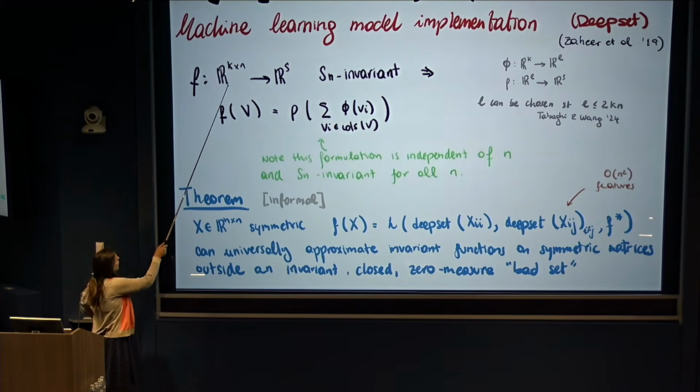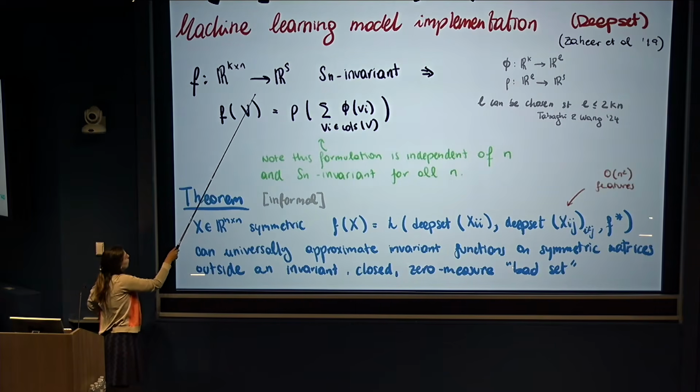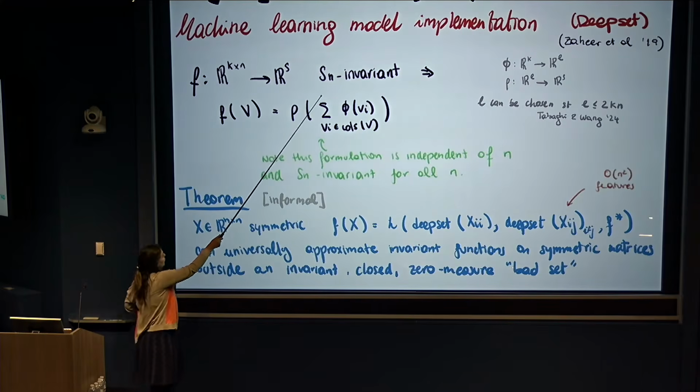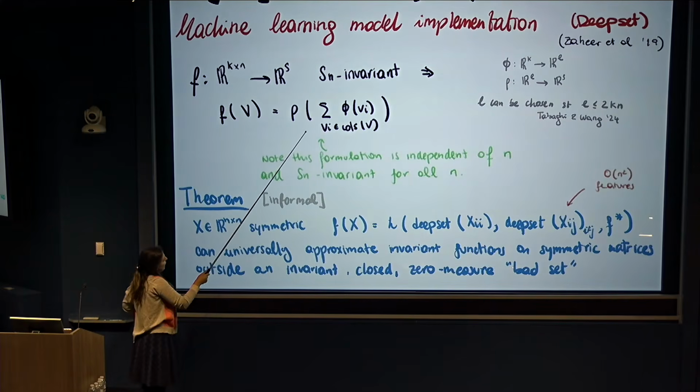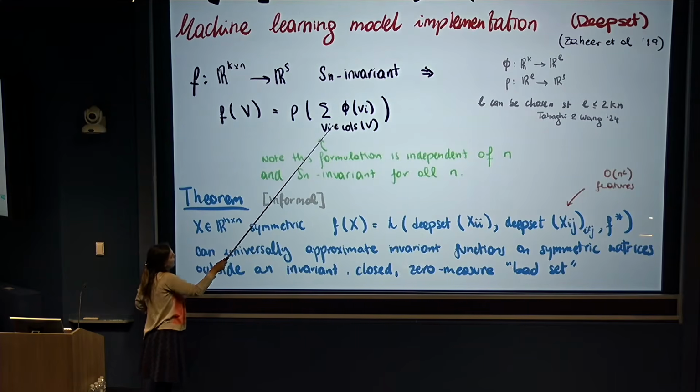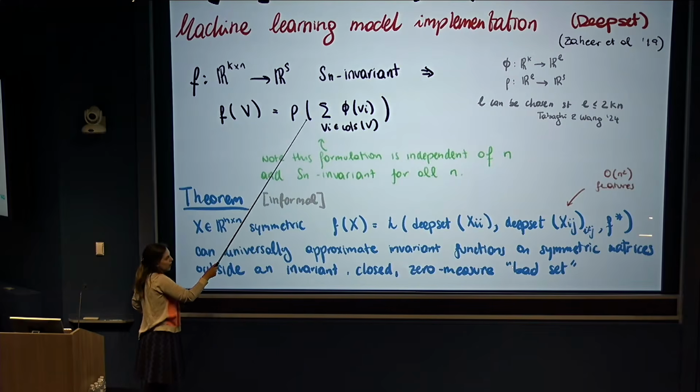So the deep sets architecture tells you that if you have a function on n elements in R^k, and this function is polynomial and permutation invariant for the action of S_n, then you can write it as the composition of embeddings from each of the n elements in your set.